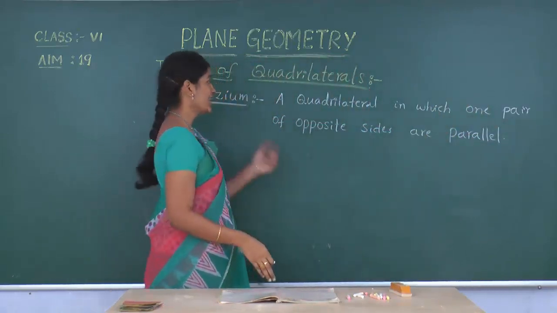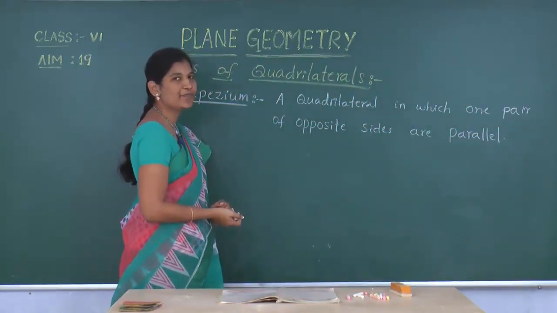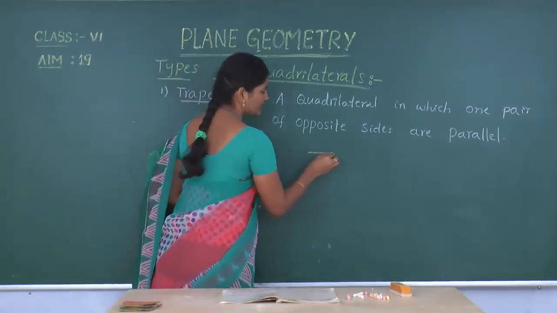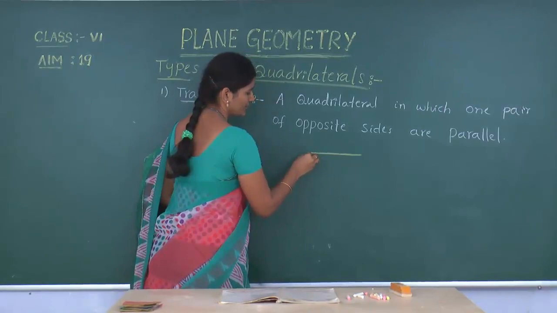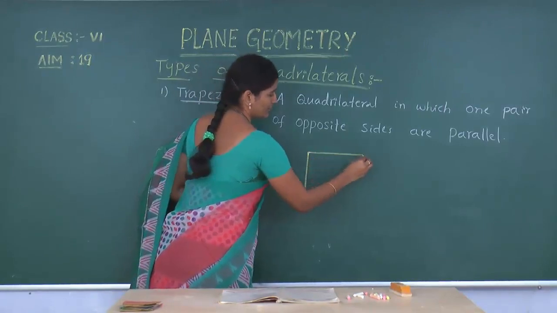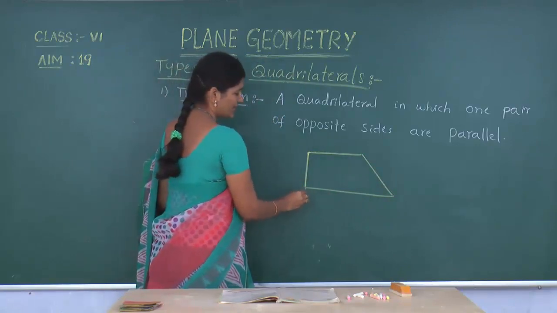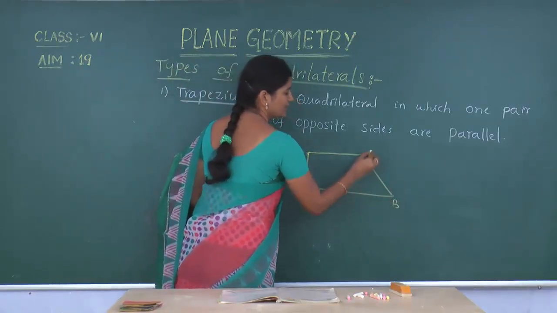Then we can say that the quadrilateral is a trapezium. Let me draw the figure of trapezium. And this is ABCD.